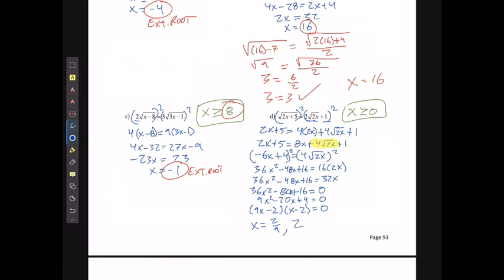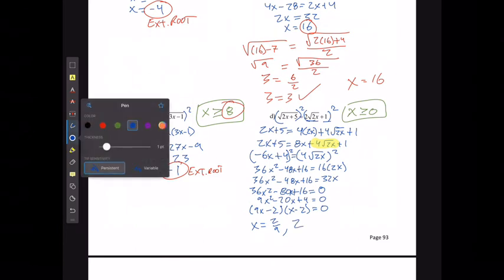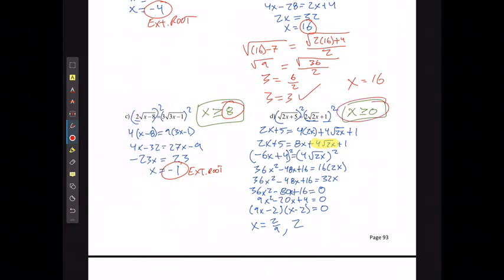They both fit within my restriction up here, so now I need to check them both to verify and see if they actually work. So let's start by verifying the 2 over 9.